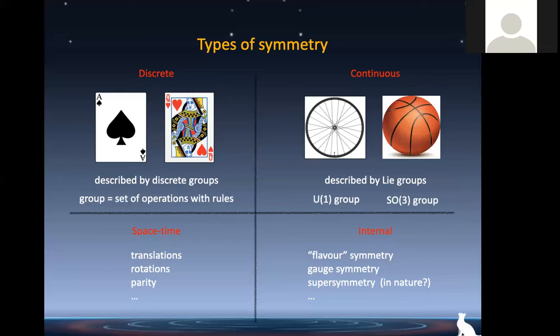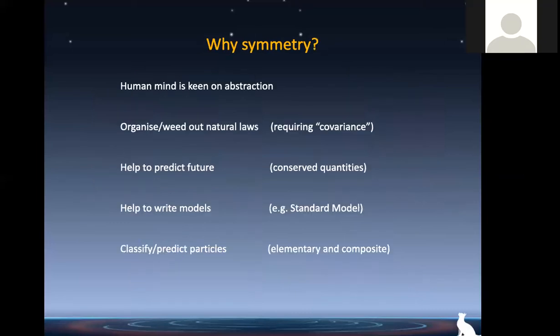These are symmetries that act not on shapes, objects, or space and time, but they act on the properties, what we would call internal degrees of freedom in physics, that you can think of as properties of fundamental particles. We're going to see some examples to make this clear.